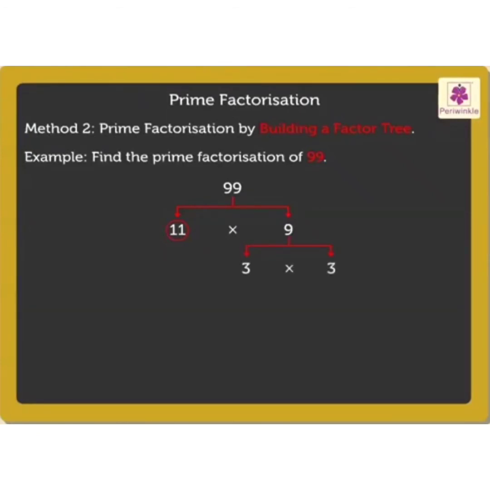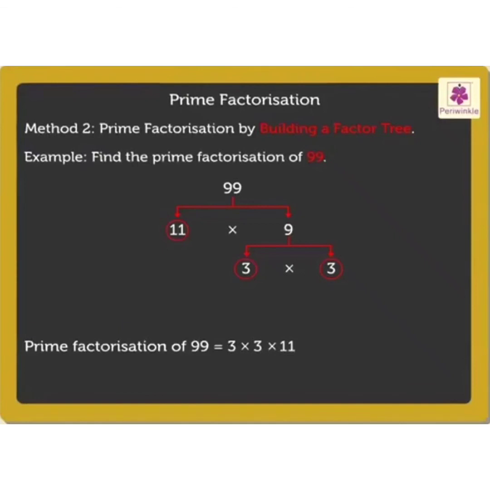It can be written as 3 into 3. 3 is a prime number. Now we see that all the factors obtained are prime numbers. Thus, the prime factors of 99 are 3 into 3 into 11.